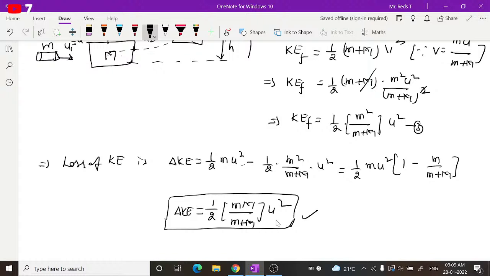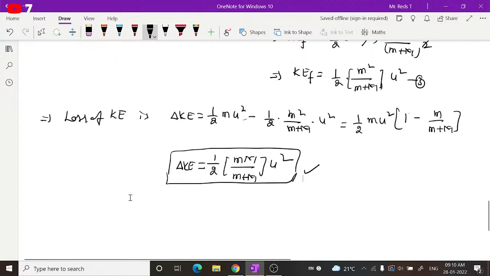In such cases you have to use the law of conservation of energy, and you have to apply it after the collision. Okay, so let us see what that is.